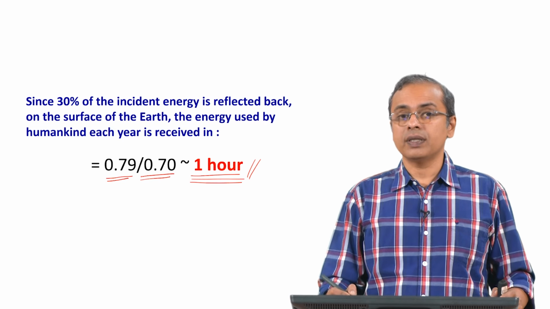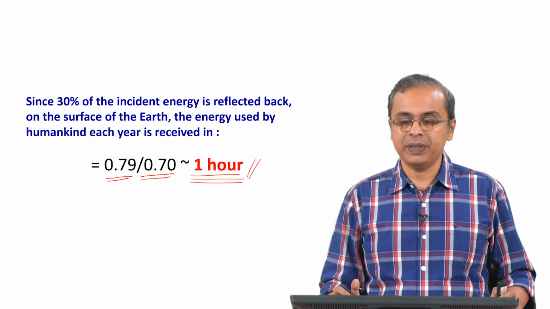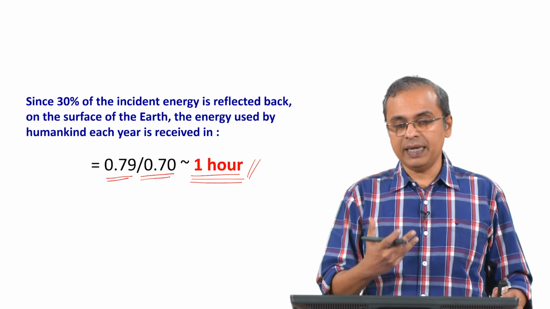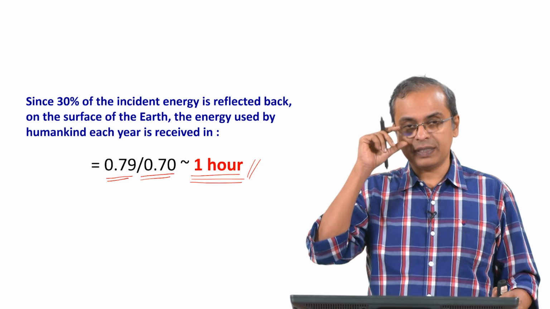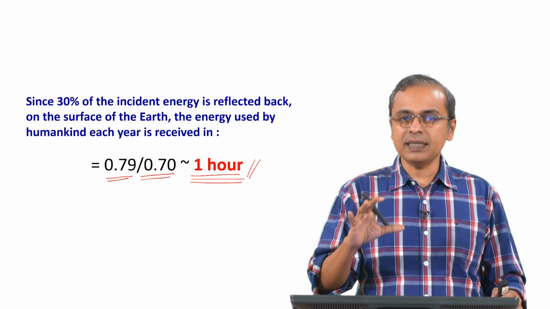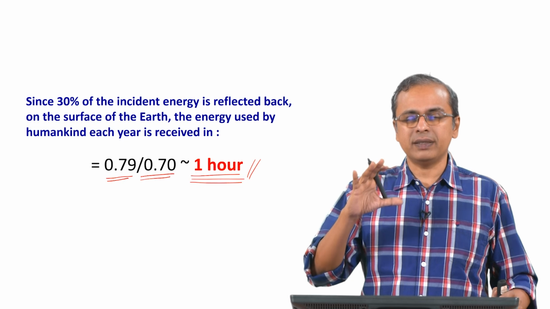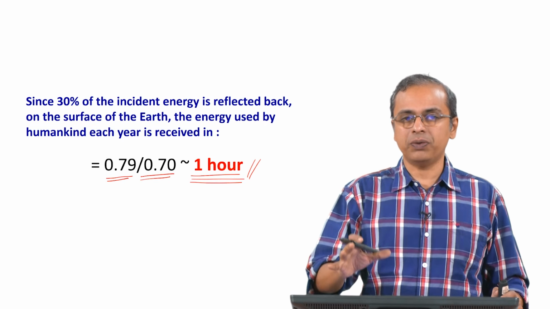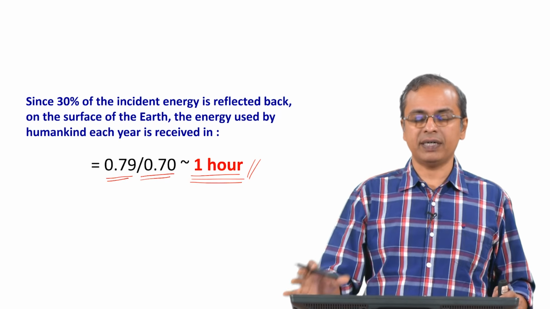Okay. So, that is a very phenomenal piece of information that we have to appreciate and understand. In many ways, when we talk of non-conventional sources of energy, the source of energy that would make the most difference to mankind is if we find a way to tap solar energy effectively.